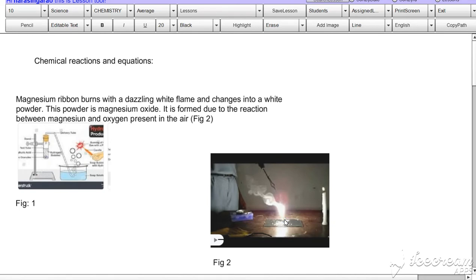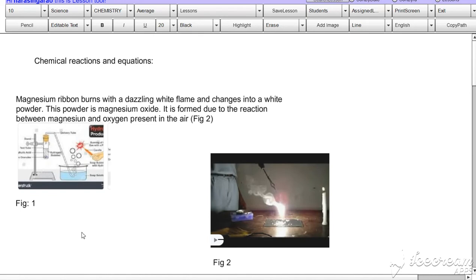It is formed due to the reaction between magnesium and oxygen present in the air. For anything to burn, oxygen is required. So the burning of a magnesium ribbon with a dazzling flame results in the production of a white powder called magnesium oxide.